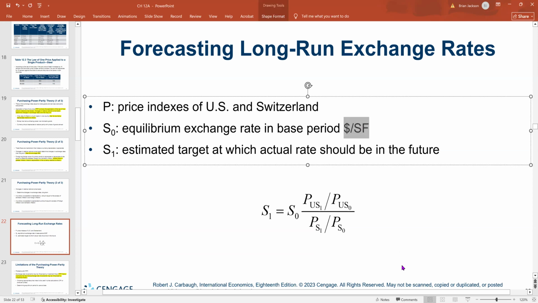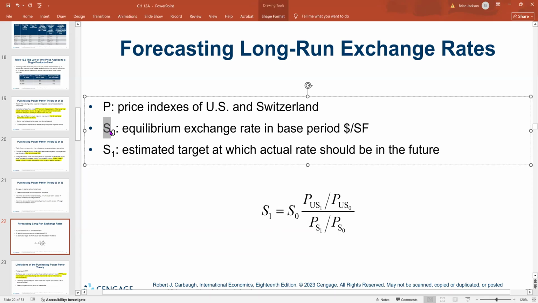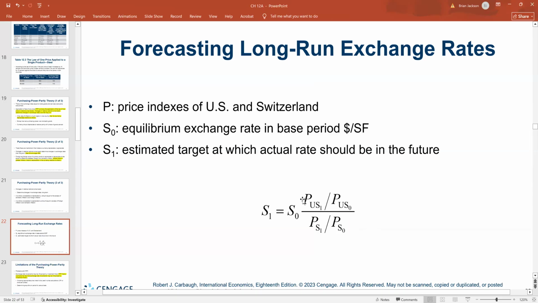It's going to take more dollars to equal a Swiss franc at the end of period one than it does at the end of period zero. So over time, S, this variable we're measuring here, is going to increase if there is greater inflation in the United States than there is in Switzerland, so that this complex fraction has a value greater than one.